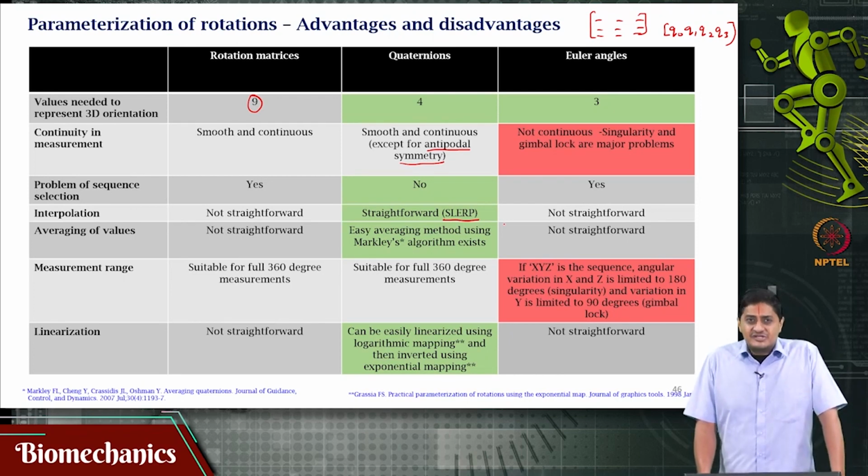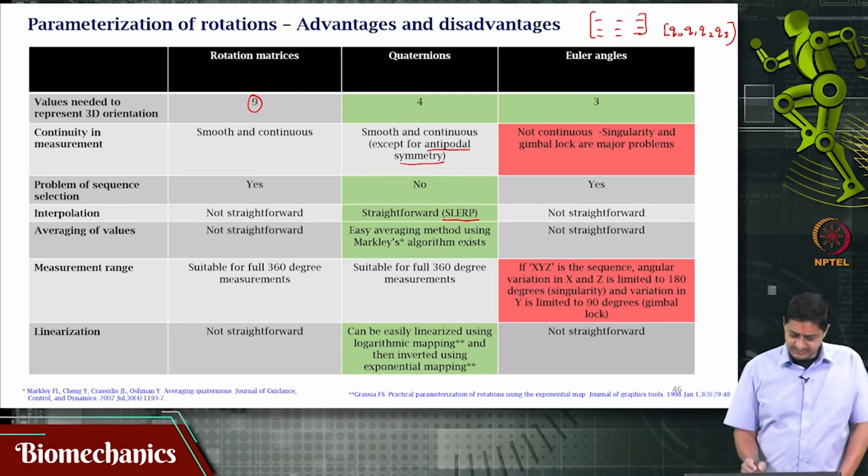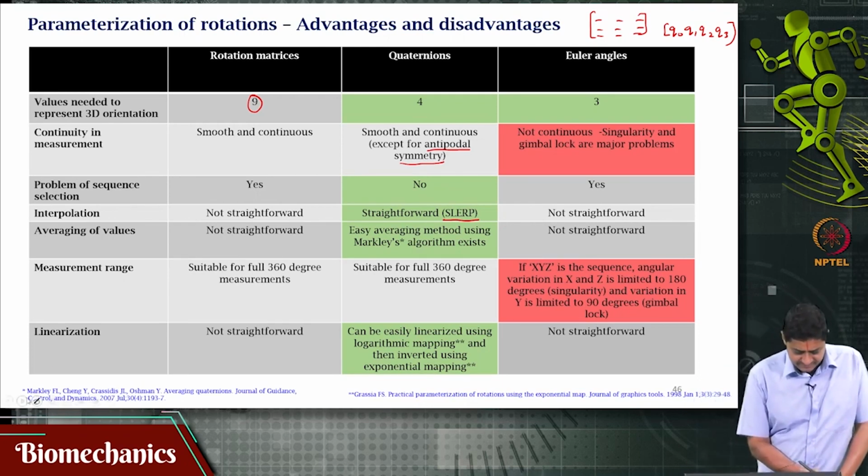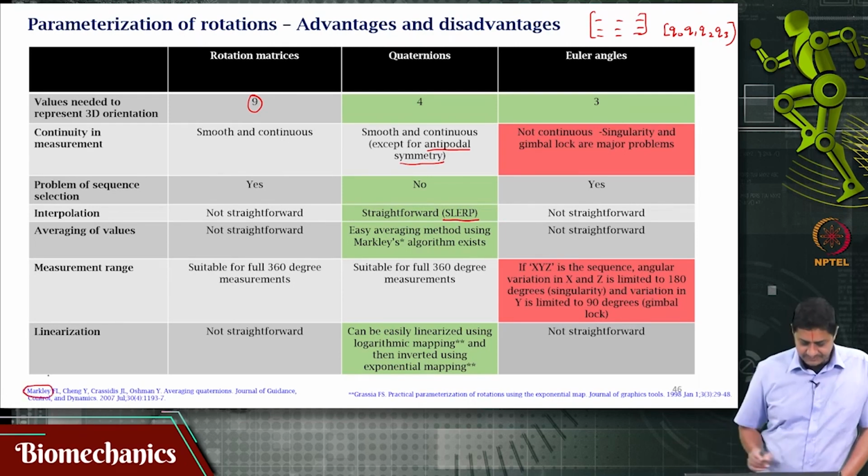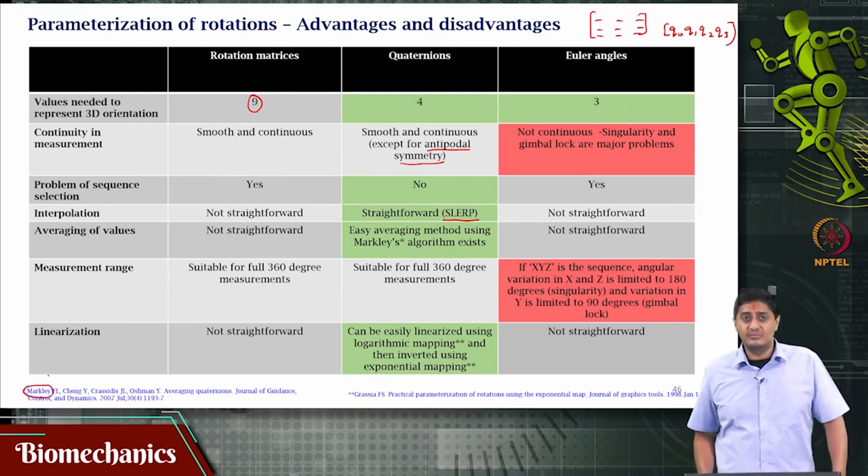How do we average measured values? Averaging of measured values is not a straightforward problem in all three methods, but in quaternions there is a relatively simple averaging method that was developed by Markley. This is called Markley's algorithm.